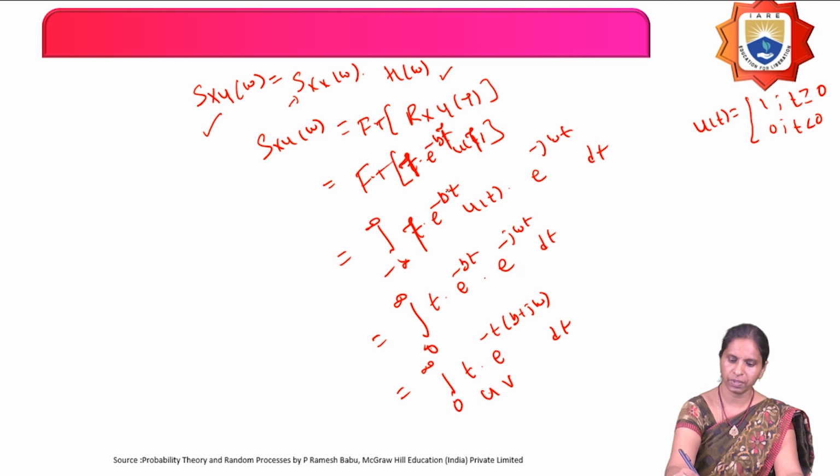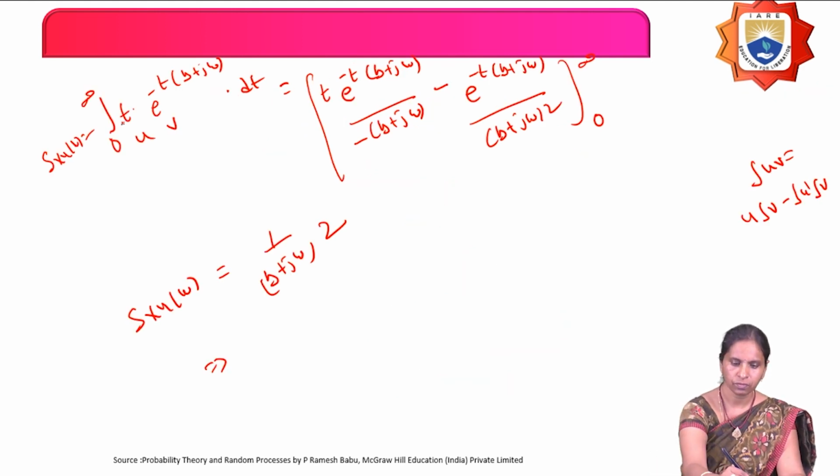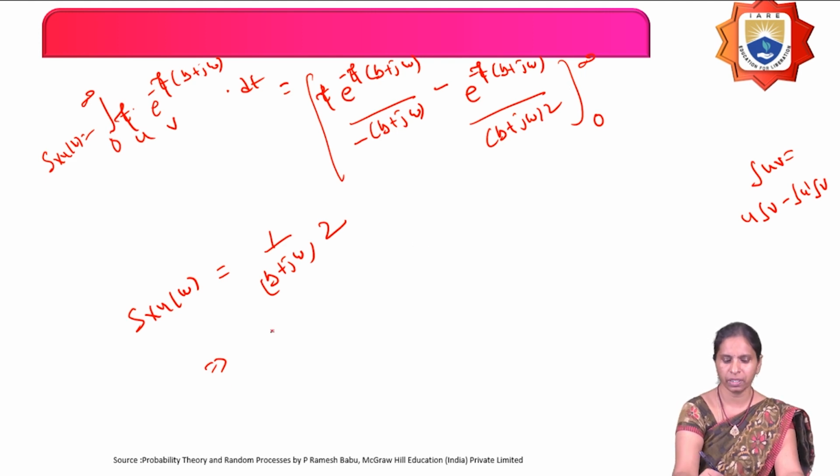In place of variable t, just replace by tau, because they have given the cross correlation function in terms of tau. Therefore, replace t by tau here. So what is Sxy of omega? We got 1 by (b plus j omega) square.